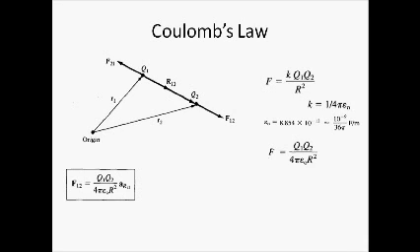Since force is a vector quantity, the scalar part of it is given by Q1 into Q2 divided by 4 pi epsilon naught R square, and the direction is given by the unit vector, which is along the line joining the two point charges.